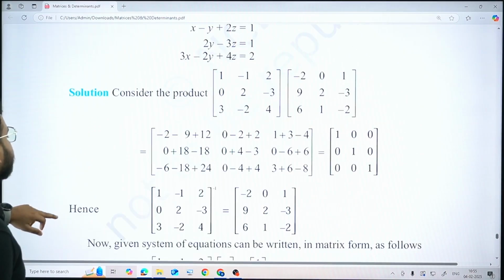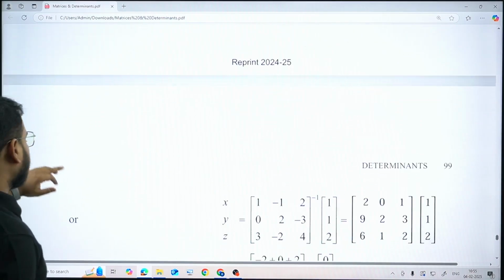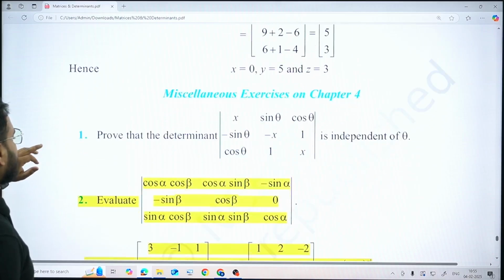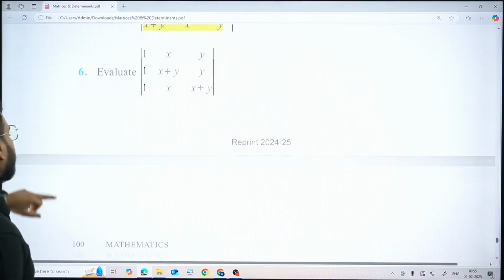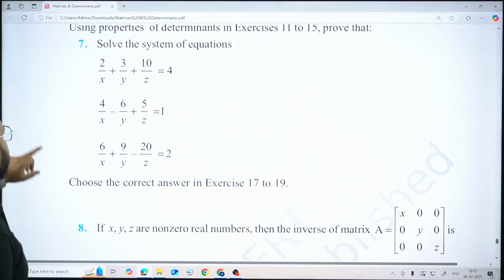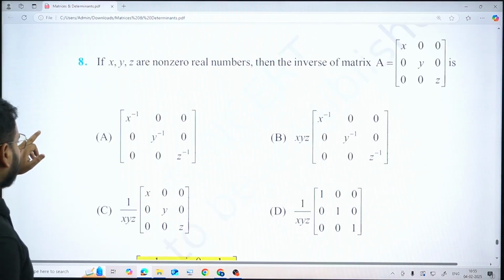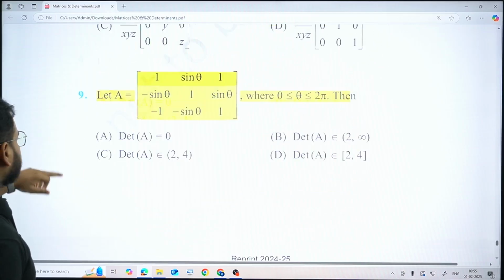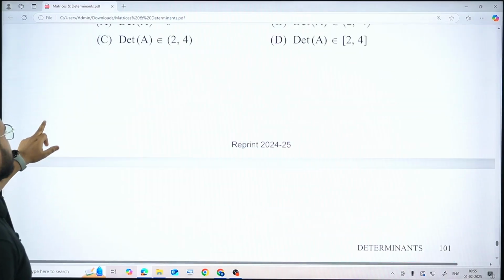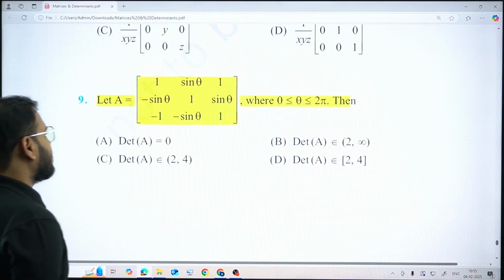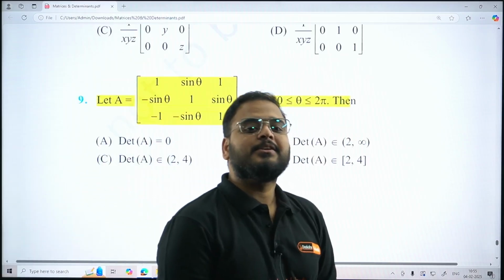Example number 19, and the exercise which you check here: 2, 3, 4, 5, and then you can solve the 9th. That is all. The last question is question number 9. After solving this, you're done with the chapter.